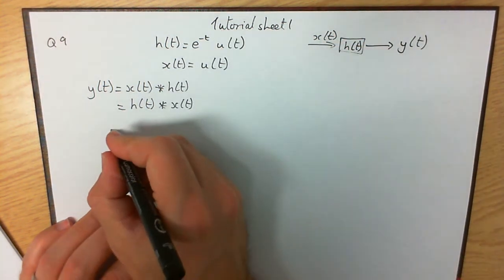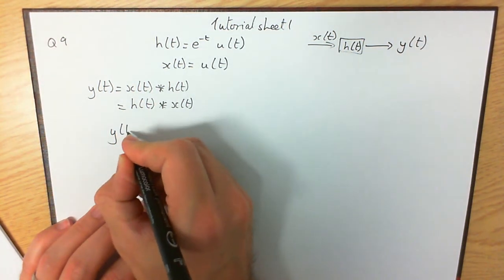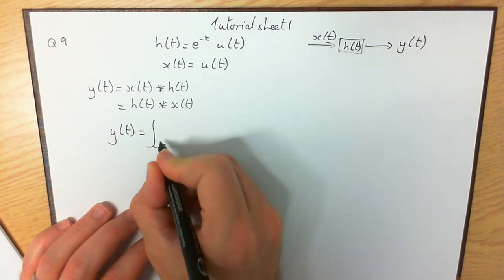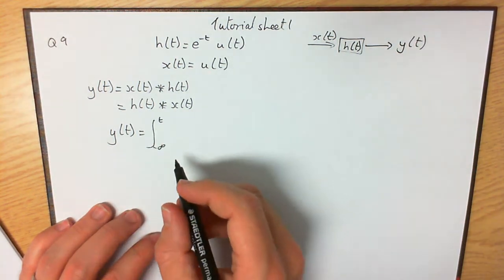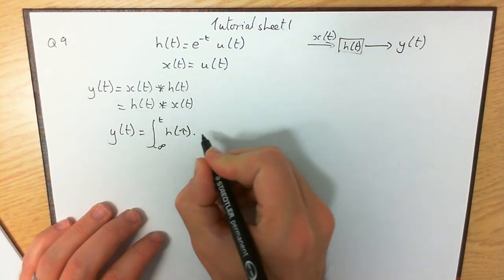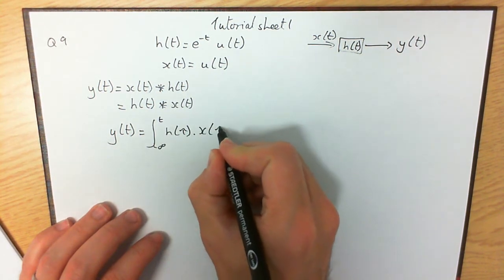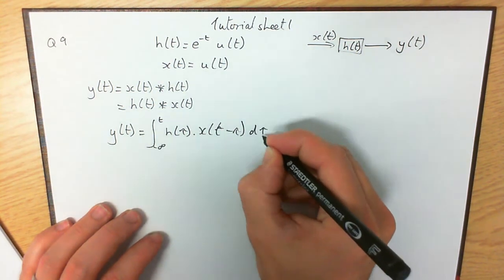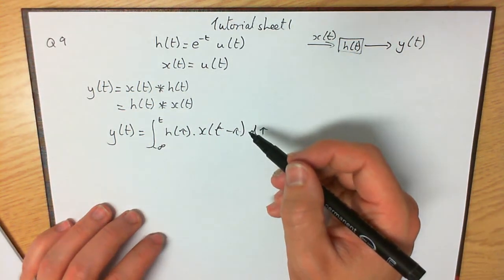So what I'm going to do is write down the integral from minus infinity to t of h of tau times x of t minus tau d tau. So that's the convolution integral that we need to carry out.